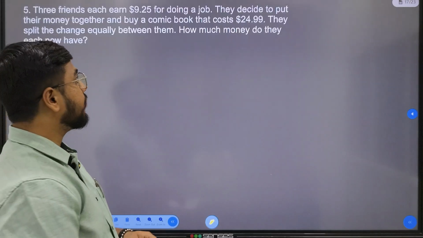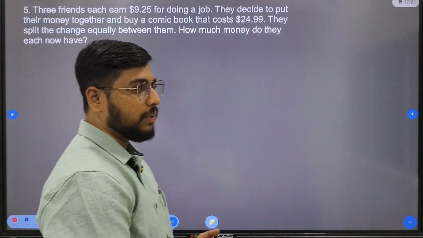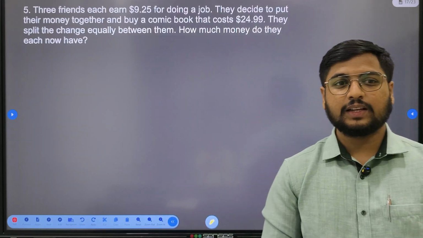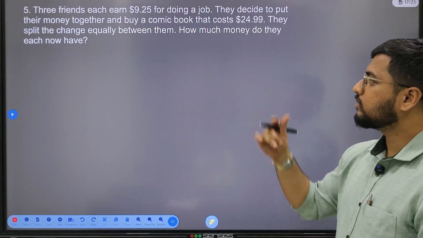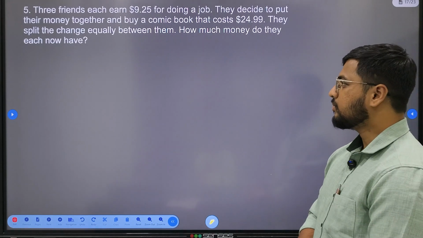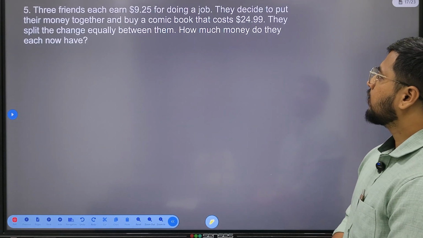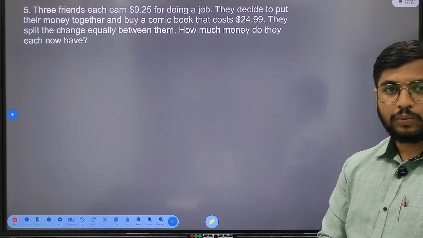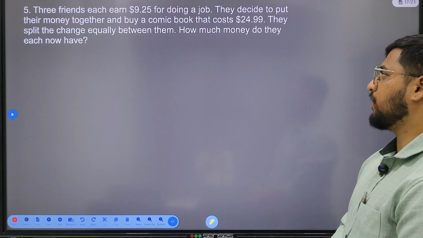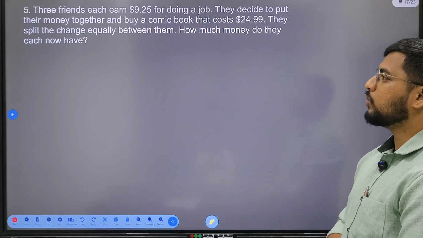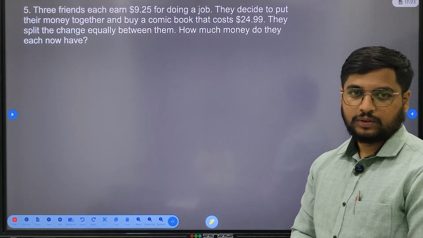So three of them will combine their money, go to a comic book shop, and buy a comic book which costs $24.99. They split the change equally between them. How much money do they each now have?